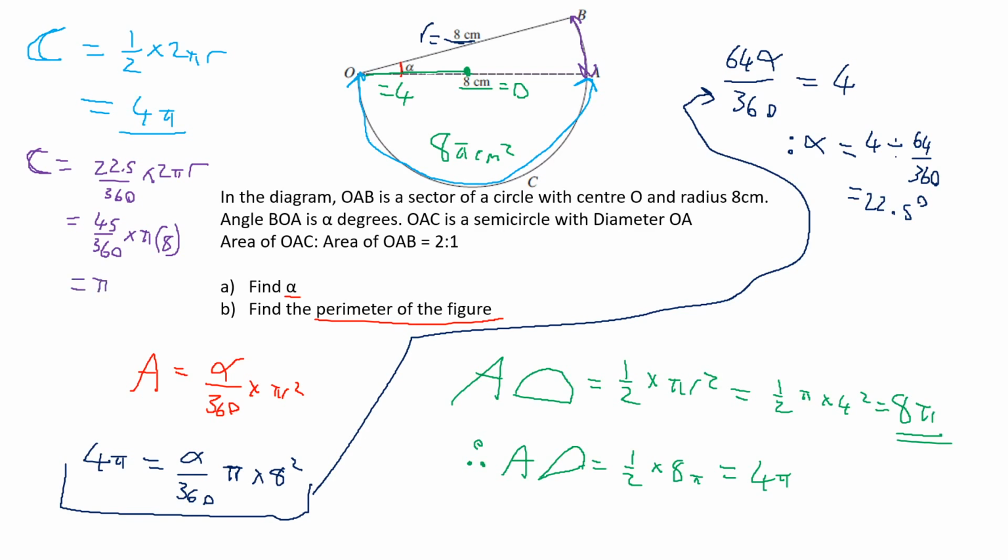So now, this length is equal to pi, and this length is equal to 4 pi, so therefore the perimeter, P, is going to equal 4 pi plus pi plus 8. And so what we're left with is an answer of 5 pi plus 8, if you want to do it without a calculator. If you want to work that out with your calculator, we get an answer of 23.7 centimeters.